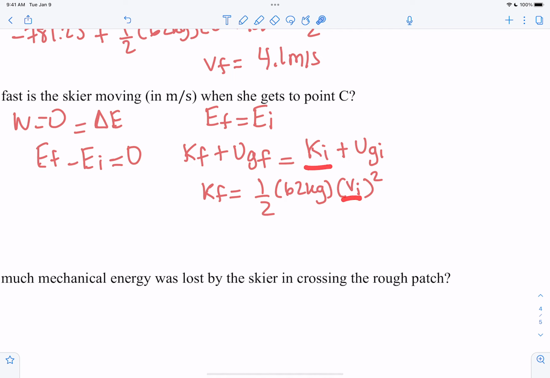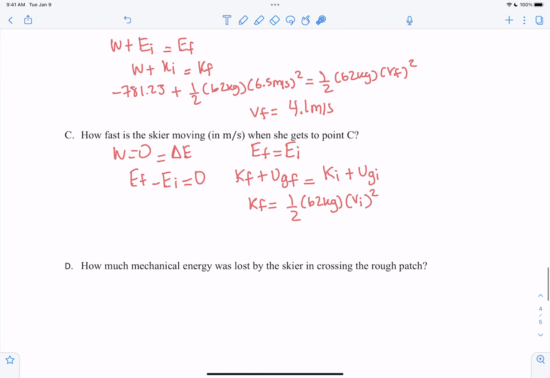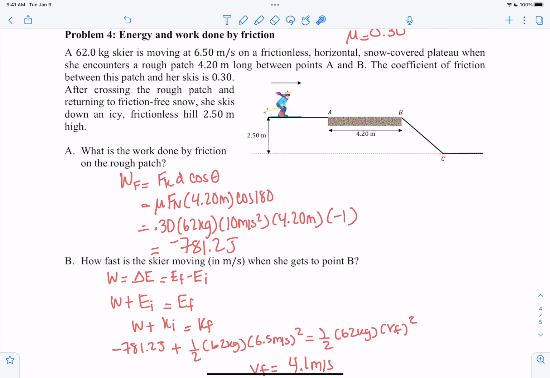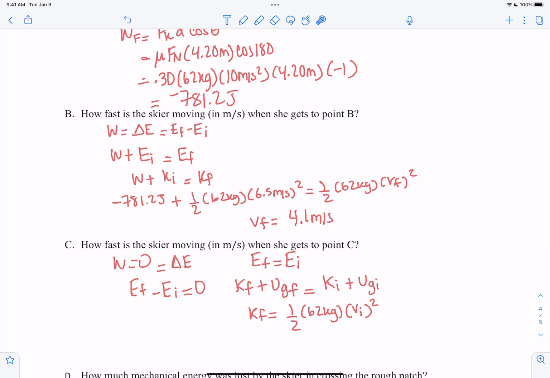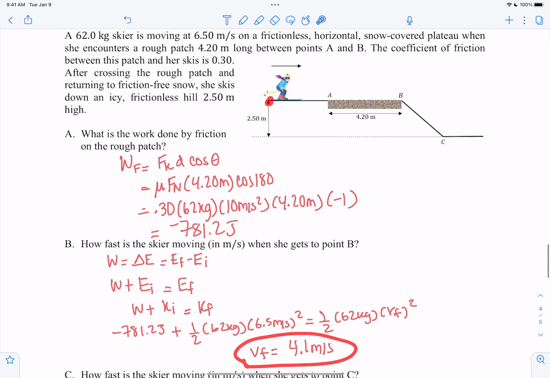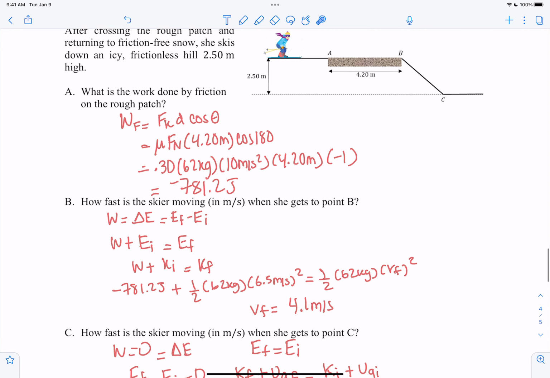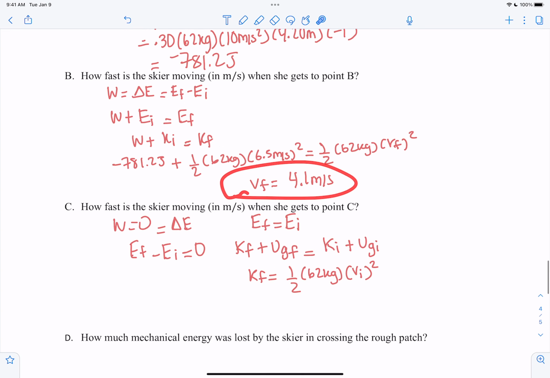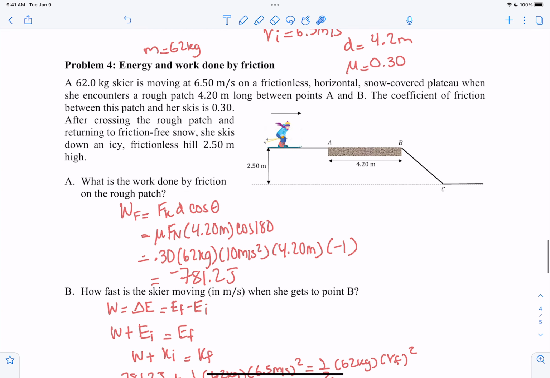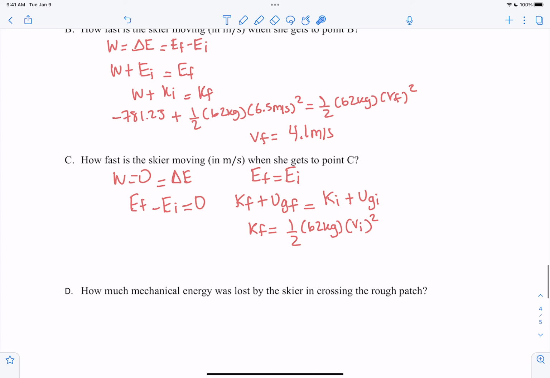Well, what is vi here? Because remember, we want to figure out point C, and we initially started at point B. So, excellent, yep, it should be whatever your final was from here to point B. So our final at point B is 4.1, and our final for point B is our initial when we're looking at the transition from B to C. So our initial here should be 4.1 meters per second, and then we square that, plus an initial gravitational potential energy, right?